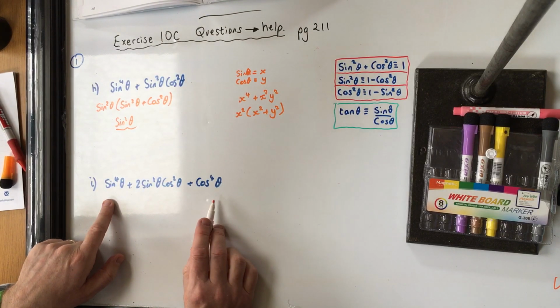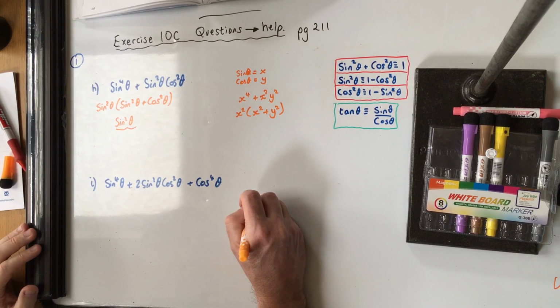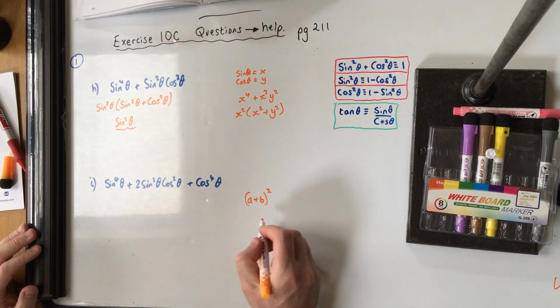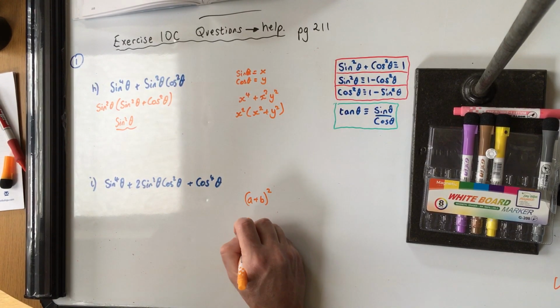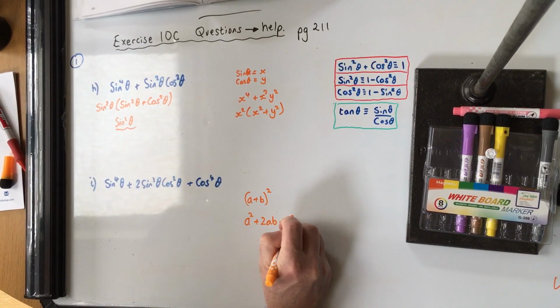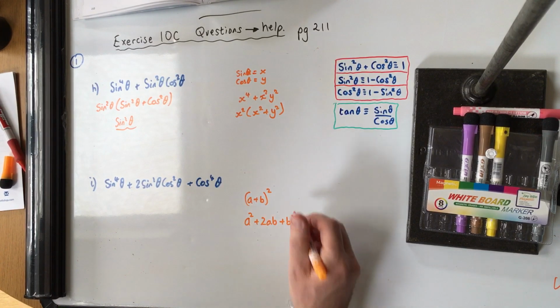And this one here, again, you may know that when you've got a plus b all squared, that expansion becomes a squared plus 2ab plus b squared. When you do it all out, a times b, ab plus another ab is that.